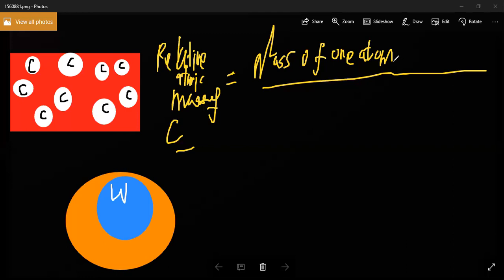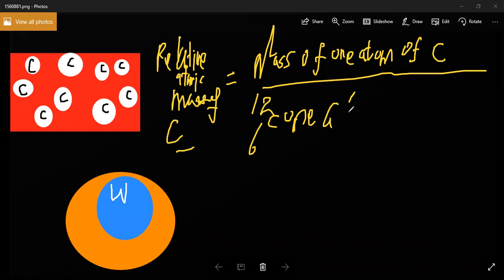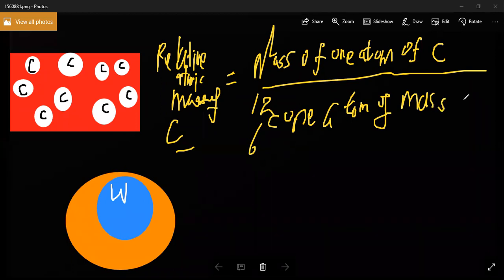Mass of one atom of carbon over mass of one atom of 12C into 1 over 12.